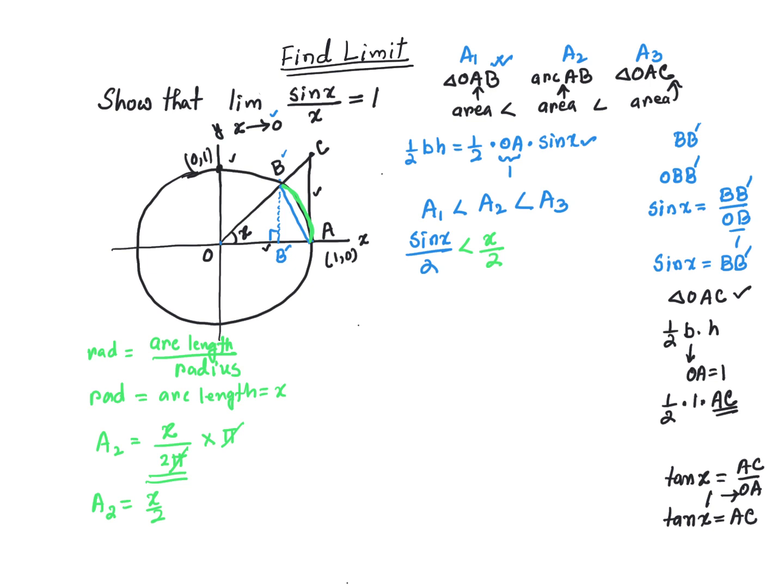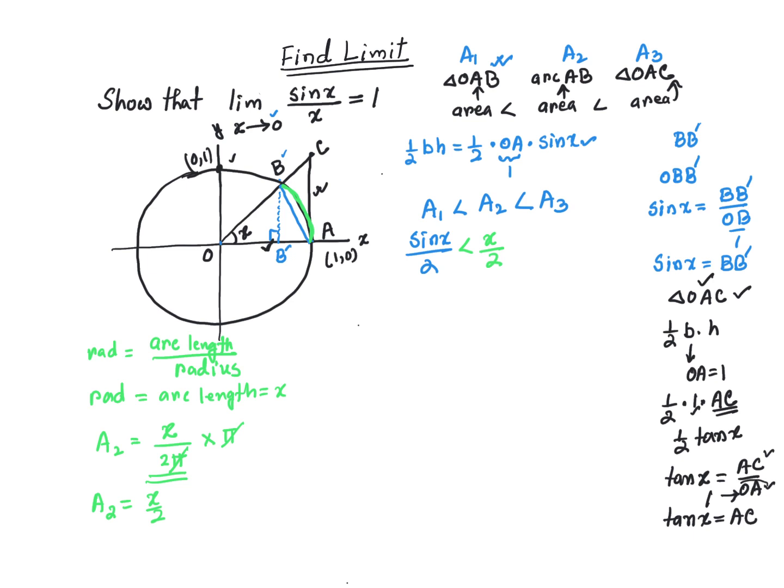So in essence, the area of this bigger triangle OAC is nothing but 1/2 times tangent of x. Once again, base is OA, which is this side, which is 1. So that's why I have 1 here. AC is this side, the height, which is tangent of x is equal to AC over OA.